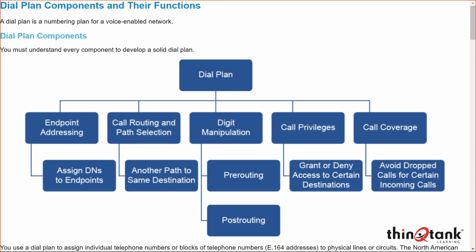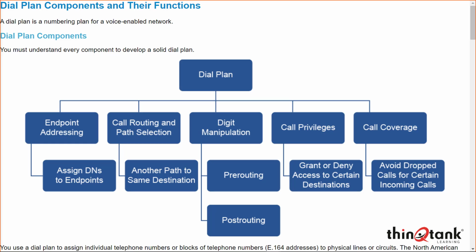And that's where we get into the use of SRST, or what we call Survivable Remote Site Telephony, or SRSV, Survivable Remote Site Voicemail, to be able to provide the same basic functions for calling that we would have if the phone system was fully operational. All definitely considerations to take into account. All right, so these are the components, if you will, of the dial plan.